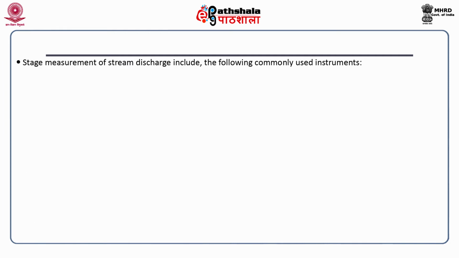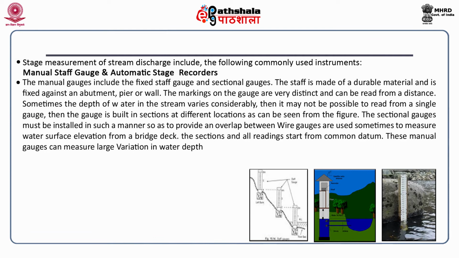So, what we see here is that when we are measuring discharge, we also measure the stage of the river. Now, when we talk in terms of the stage of the river, we are actually measuring the depth of flow in the stream or river. Now, this is the most common and the oldest method of measuring discharge.